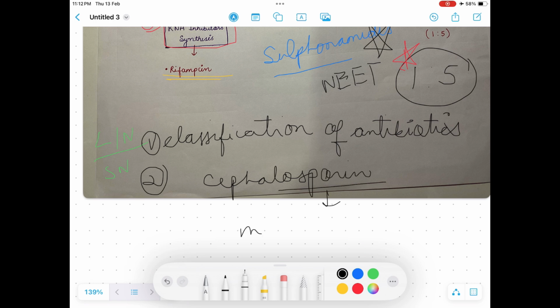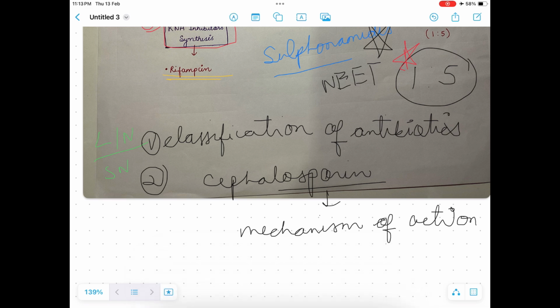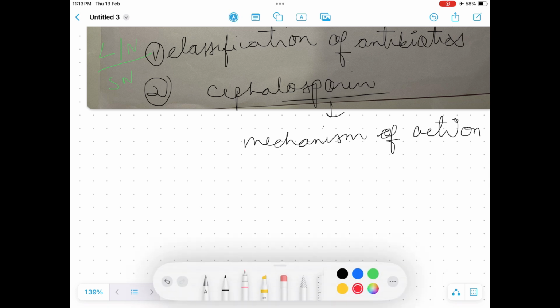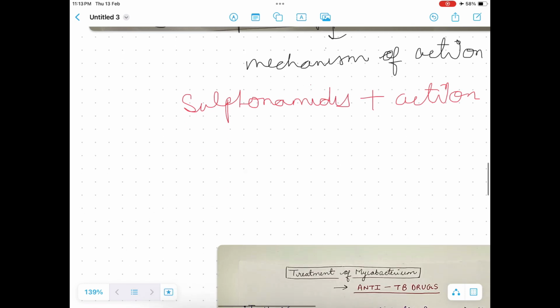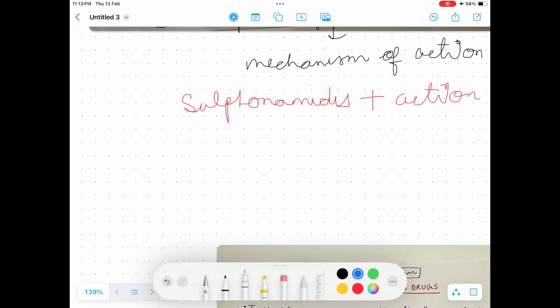They can ask about the mechanism of action. They can ask about sulfonamides, plus action. So basically my point is, they can ask about any antibiotic or they can ask you the classification.